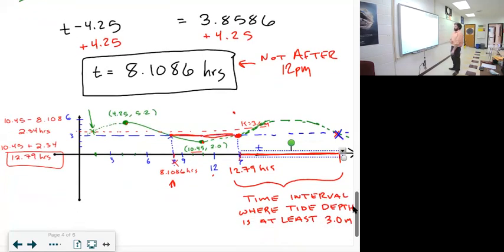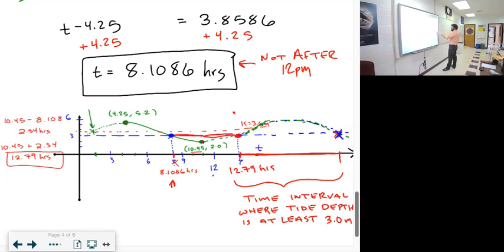It's not as complicated as you think. I know we usually don't measure periods this way, but if we start the beginning of our wave, our cycle here, it goes down to 10.45, it goes back up to the 3 meter line, and then it continues to increase, and then it's going to go back to the 3 again.